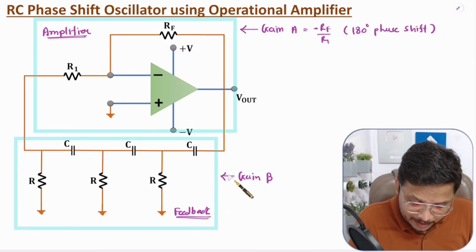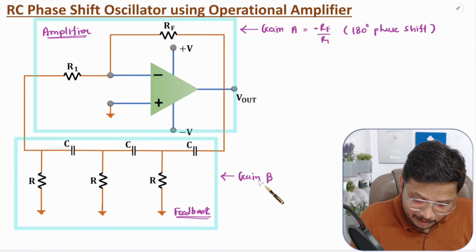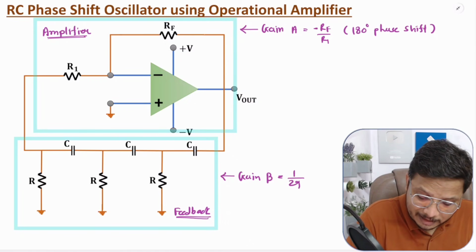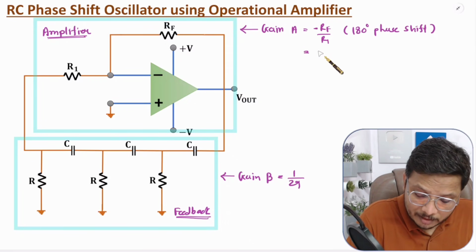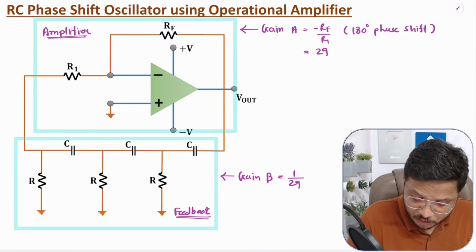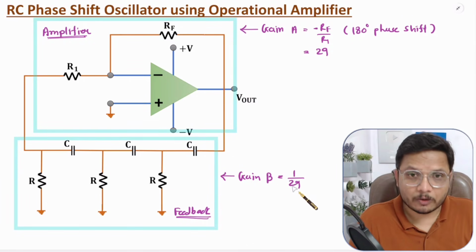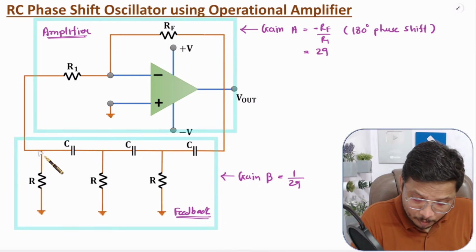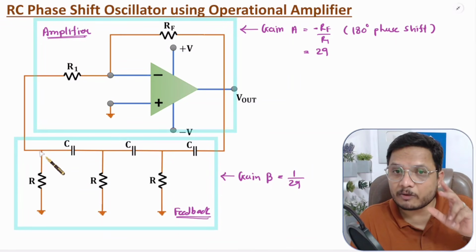We will derive that this gain beta will be 1 divided by 29. And as beta is 1 divided by 29, A should be 29. Only in that situation will A into beta be equal to 1. And this feedback will also provide a phase shift of 180 degrees.